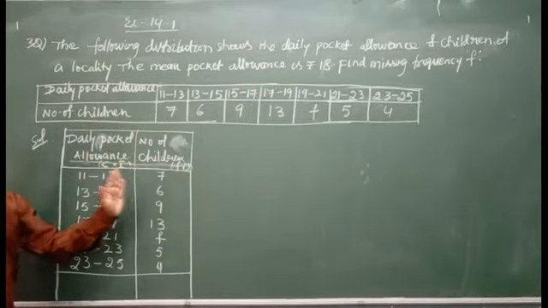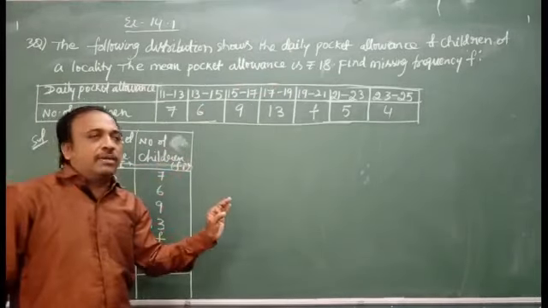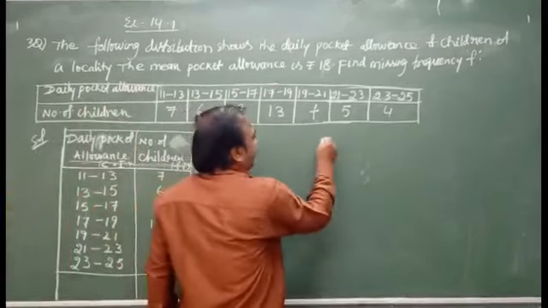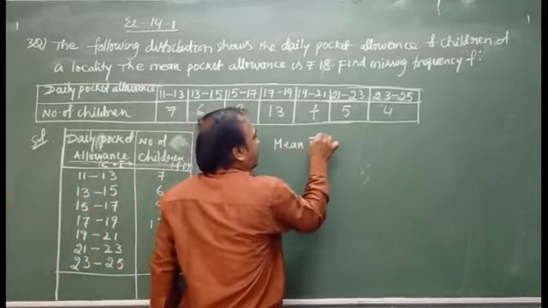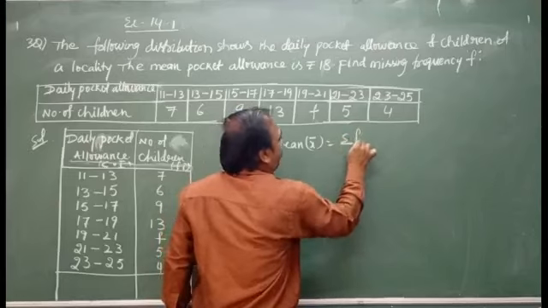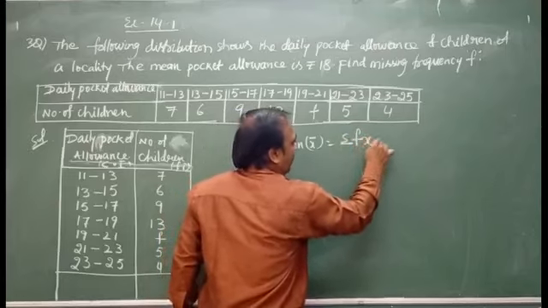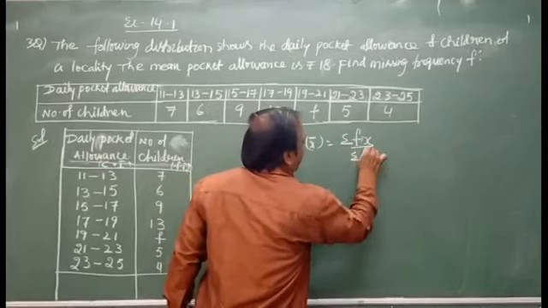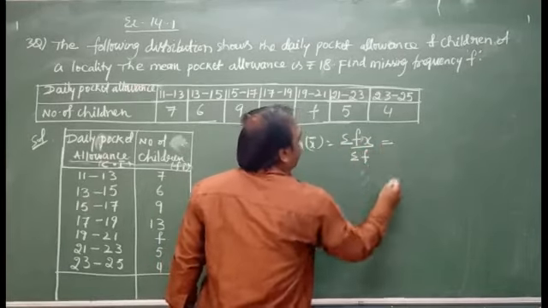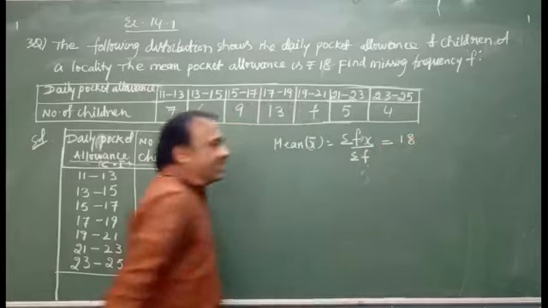Now we calculate the mean by the direct method. What is the formula? Mean x bar is equal to sigma fi xi by sigma fi, shortly we write sigma fx by sigma f, which is equal to 18, as given in the question.